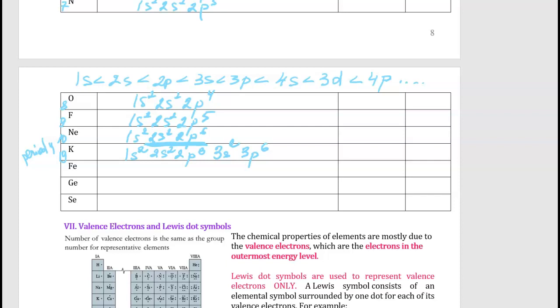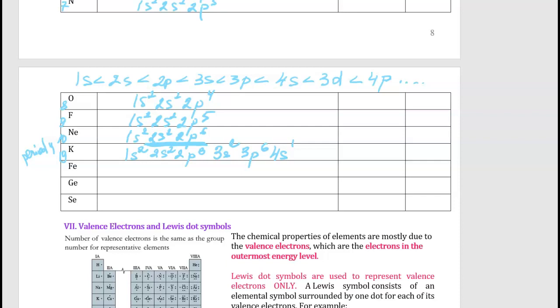electrons, and where does the last one go? To 4s, okay, 4s. The last one is located here, 4s.